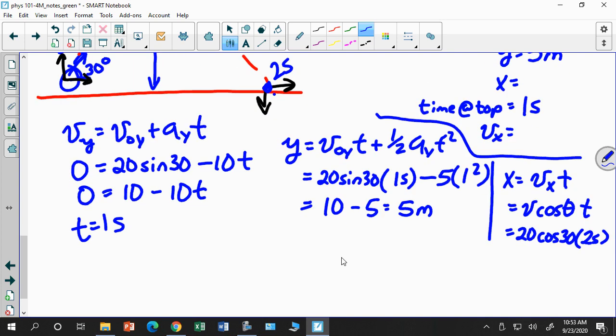So what's 20 cosine 30 times 2? That gives me 35 meters per second. Or excuse me, 35 meters. So I have x is 35 meters, and then Vx is 20 cosine 30, which is like, what, 17 or so? Yeah, we'll just say 17 meters per second.